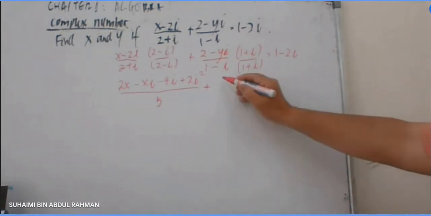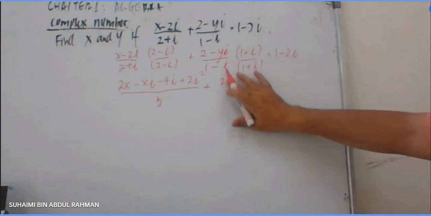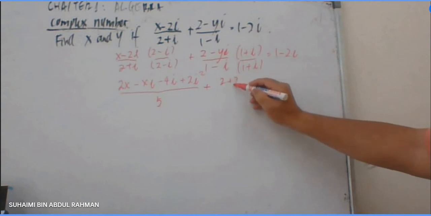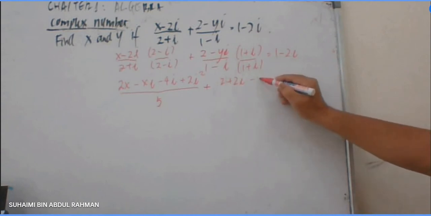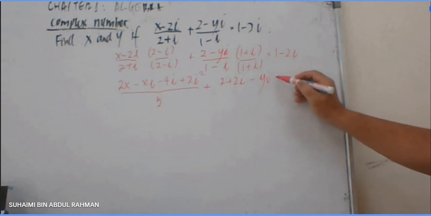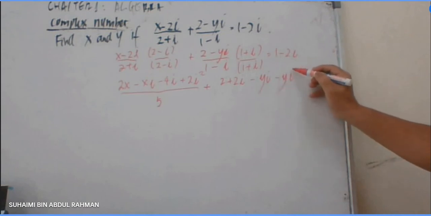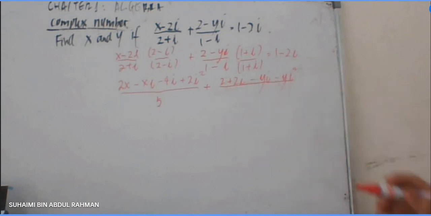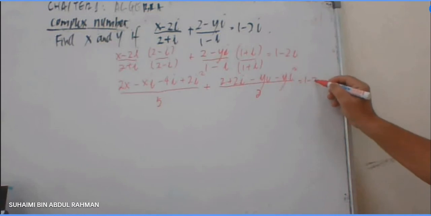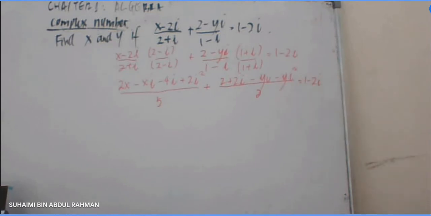Plus 2y as 2, plus 2i, minus yi, minus yi square, divided by what? 2. Equal to 1 minus 2i.